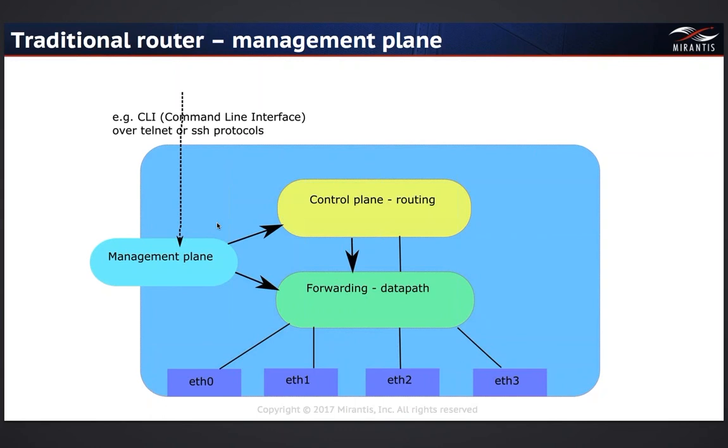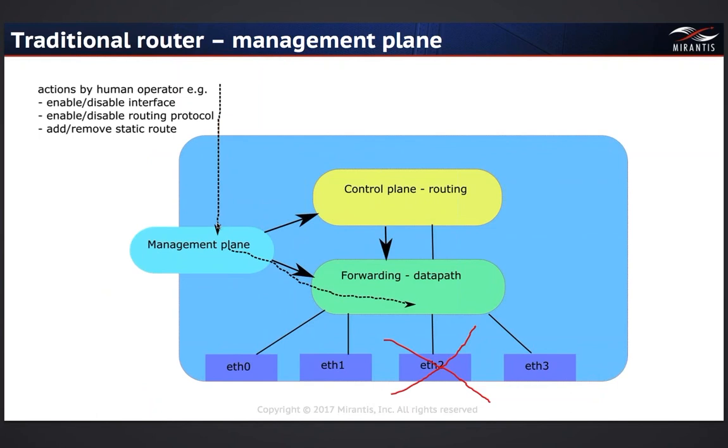So an administrator simply connects to that management plane over Telnet, SSH, or sometimes a serial console, and executes command line interface commands. For example, they could enable or disable interfaces. They could enable or disable routing protocols globally or on particular interfaces.